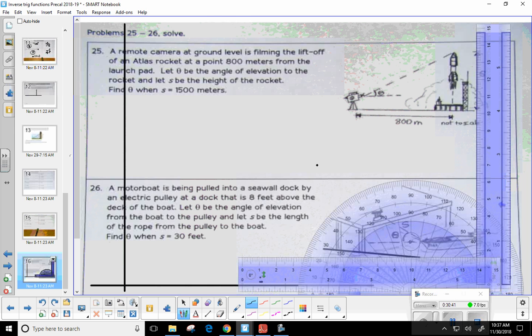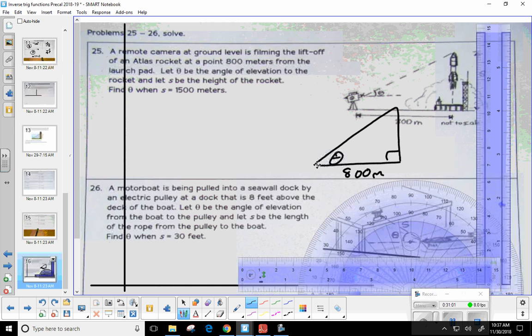Okay, so let me go ahead and redraw this triangle that we got going on right here. So we're trying to find theta. Okay, so what do I know about this triangle? We know the base is 800 meters.